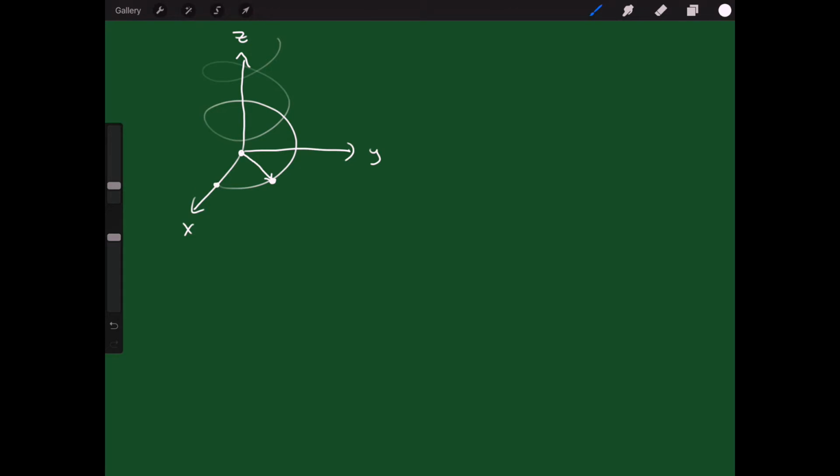So maybe at t equals 0, the vector points here. At t equals 1, maybe the vector points here. At t equals 2, the vector points here. And as you raise the values of t, the vector keeps pointing at different places on this curve. And so it just kind of follows the spiral up.